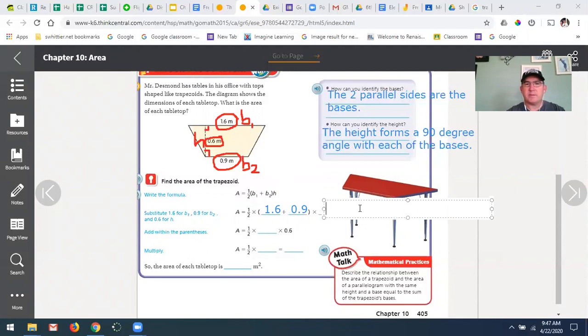The height is 0 and 6/10. So now we're going to add these two bases, 1 and 6/10 plus 9/10, and that equals 2 and 5/10.